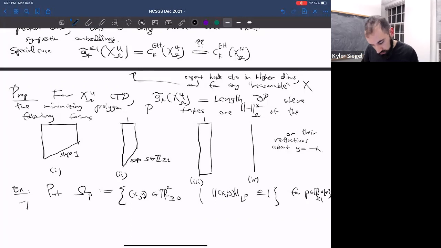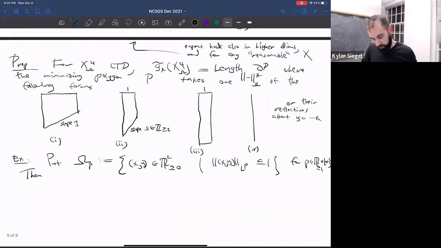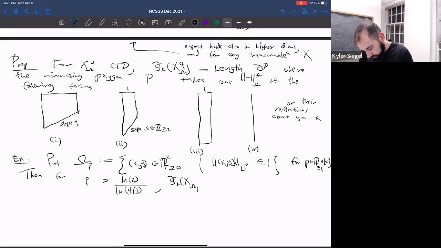And then the statement is, for p greater than some threshold, which happens to be log 2 over log 4/3, GK tilde of the corresponding convex toric domain is given by the following function.